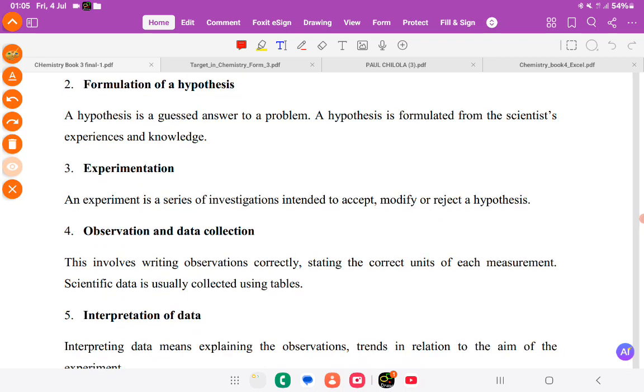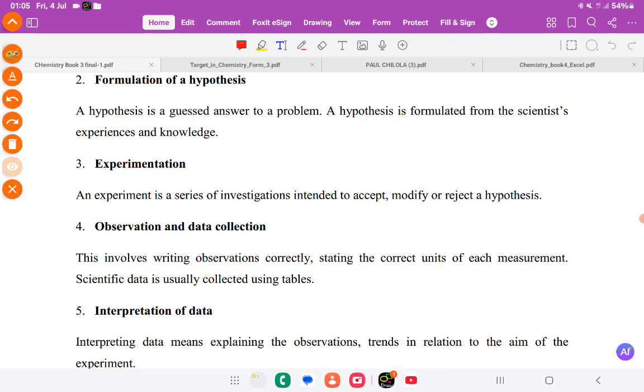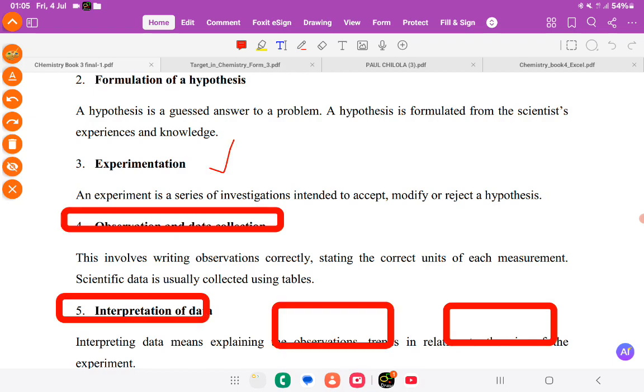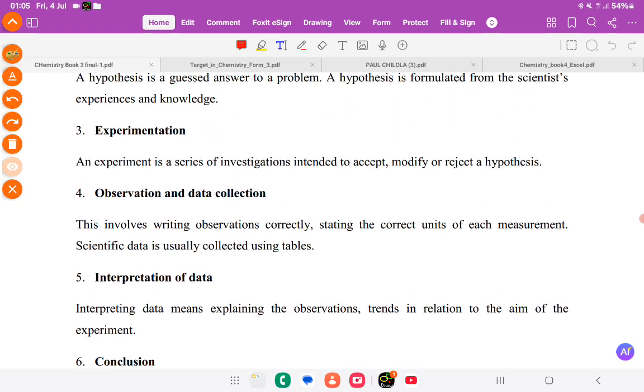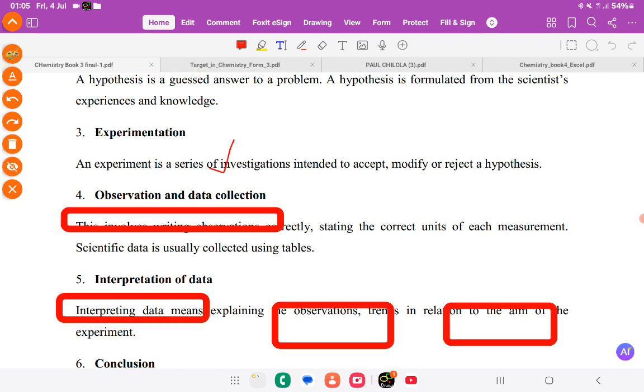All right, so the fifth stage is observations and data collection. Right, so you have identified the problem in stage number 1, formulated the hypothesis, carried out an experiment. So as you carry out an experiment, what do you do? You make observations.